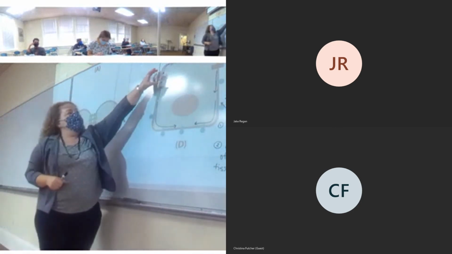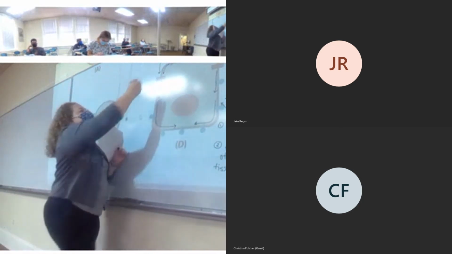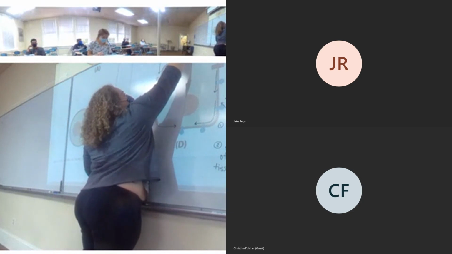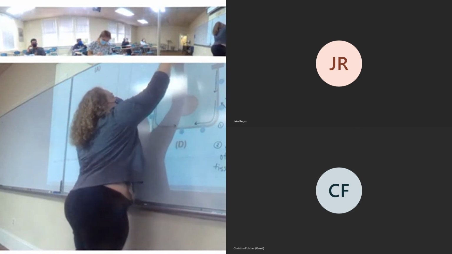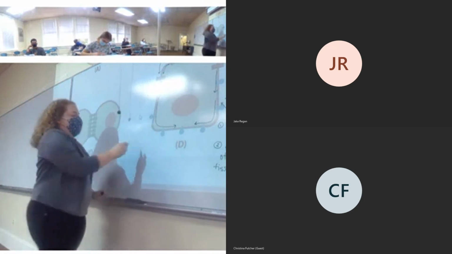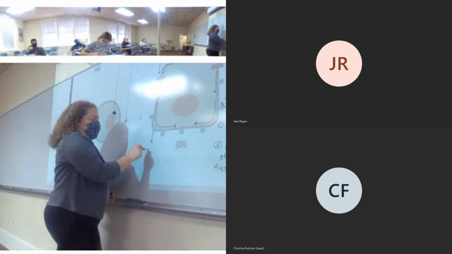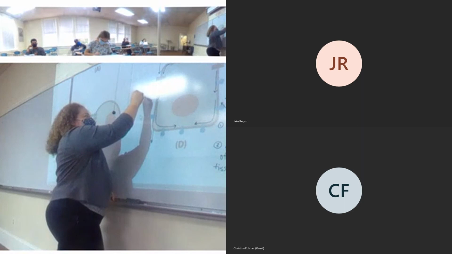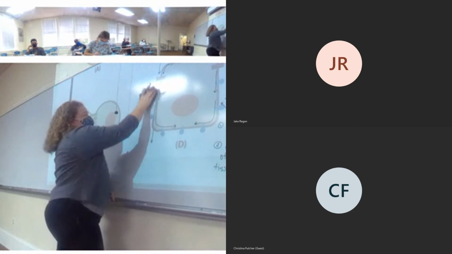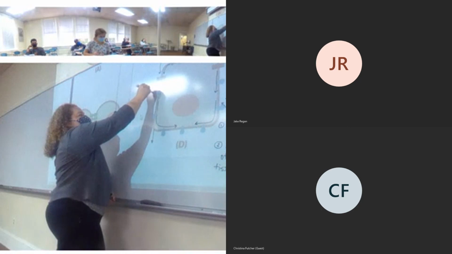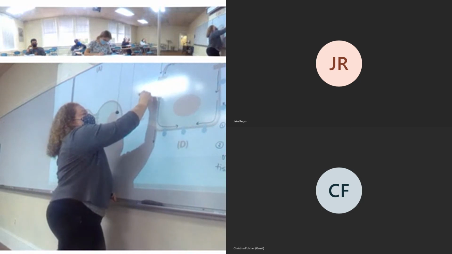So we're going to see this arrangement where this is gut lumen, not lemon, gut lumen. And down here, this cell layer is part of the intestine. This is an intestinal cell.